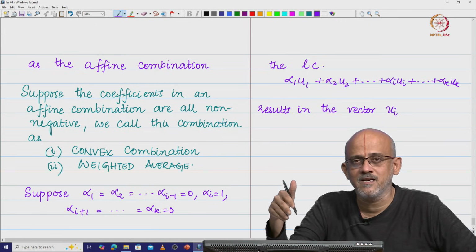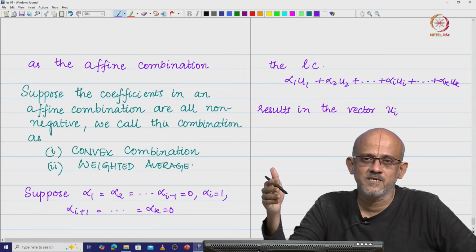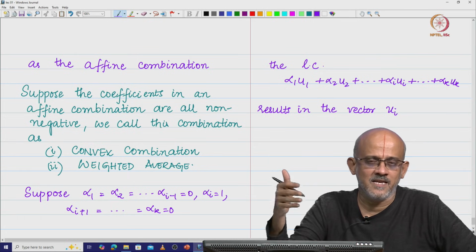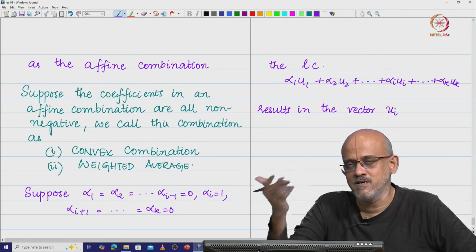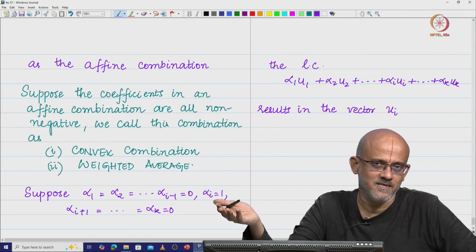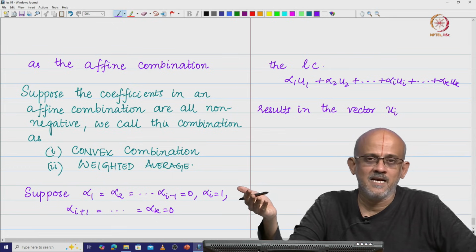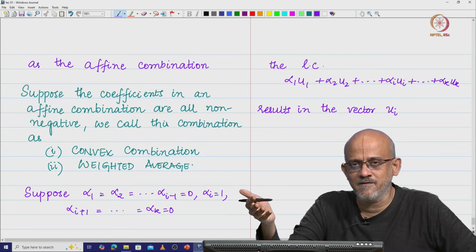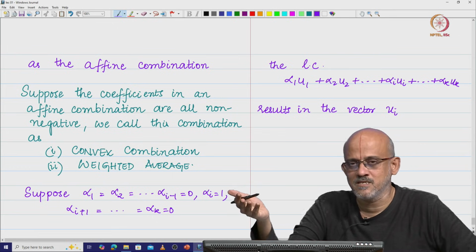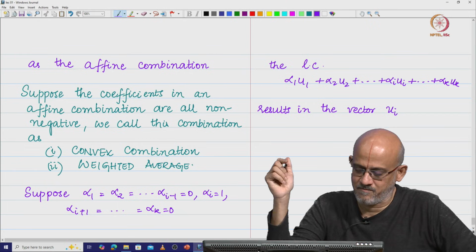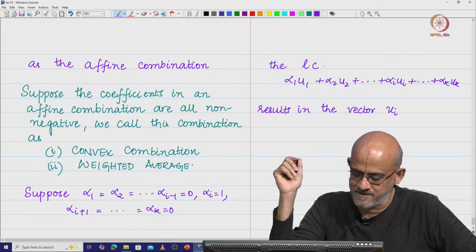In an affine combination, when the coefficients are all non-negative and add up to 1, we end up getting a convex combination, right.